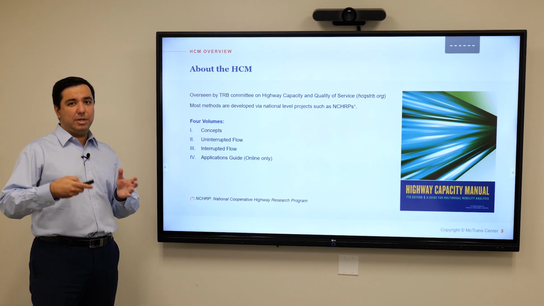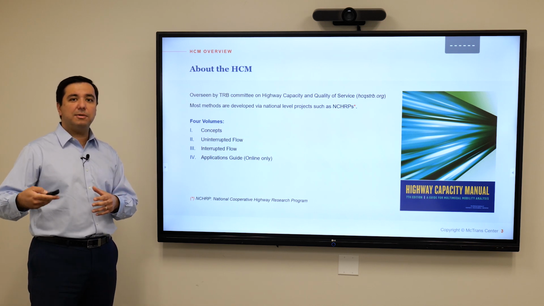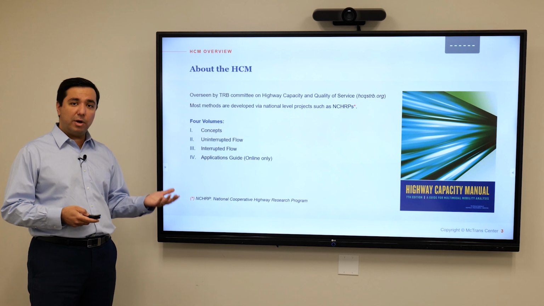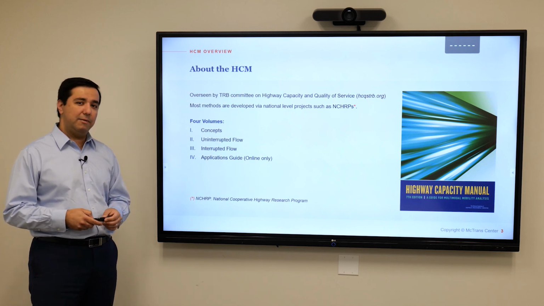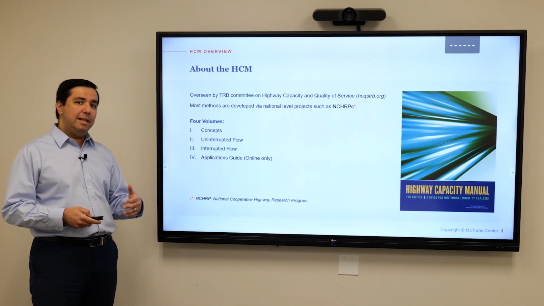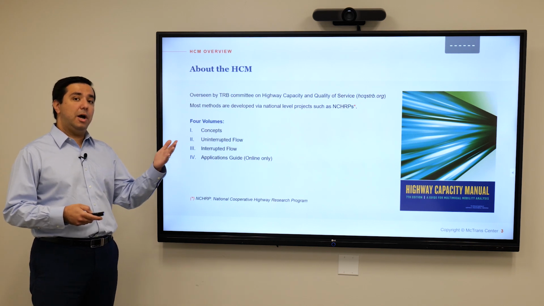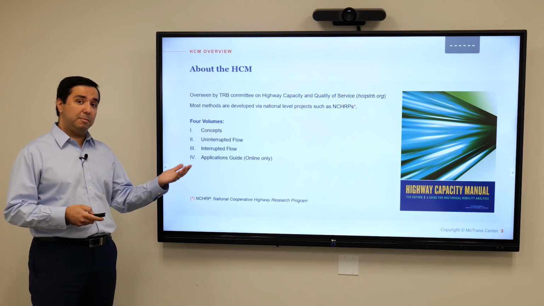So a very qualified research team gets the chance to work on these methodologies that eventually go into the Highway Capacity Manual, and they are overseen by the NCHRP panel.